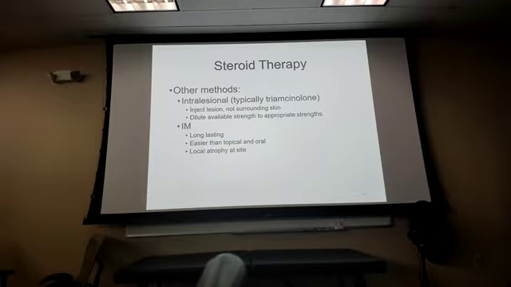Not only do we use those vehicles that we talked about, the cream, the ointment, the foam, we can use other methods out there. So intralesional or IM.